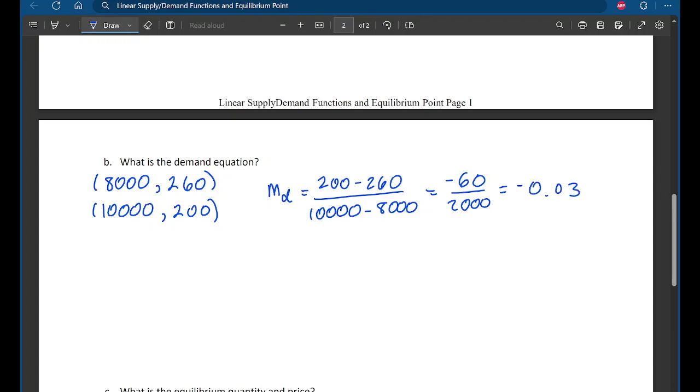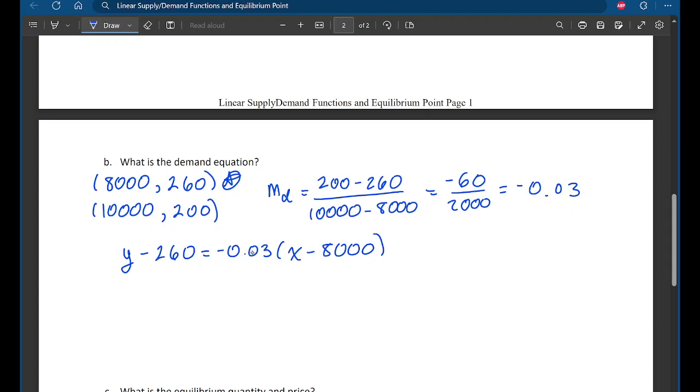Now I don't have a y-intercept here, so I'm going to do point slope formula to get my equation. And again, it doesn't matter which one you use, so I'm going to use this one here because why not? So y minus y1, 260 equals m times x minus x1, 8,000, and just work it down.